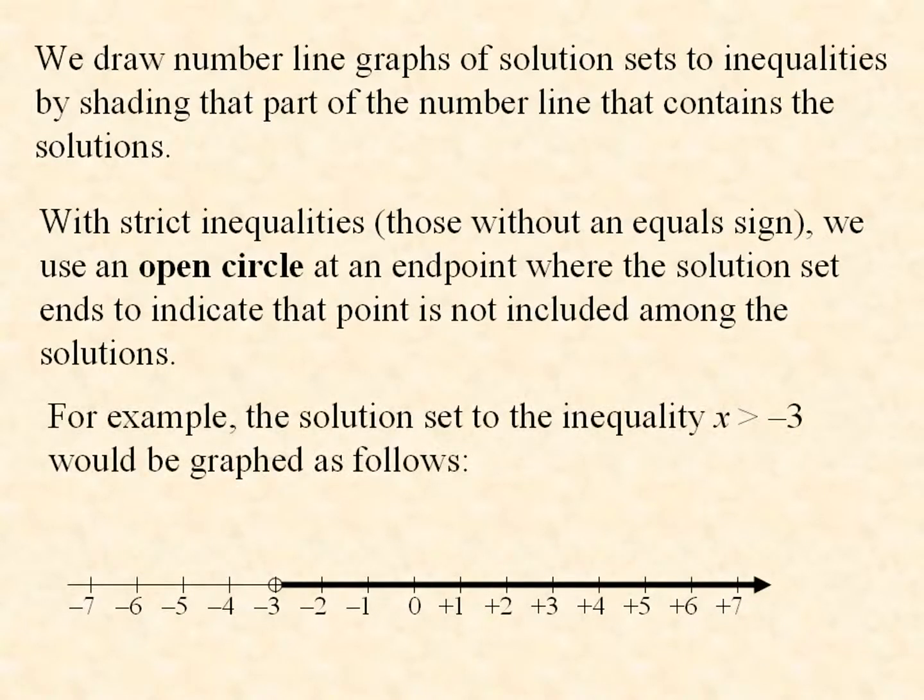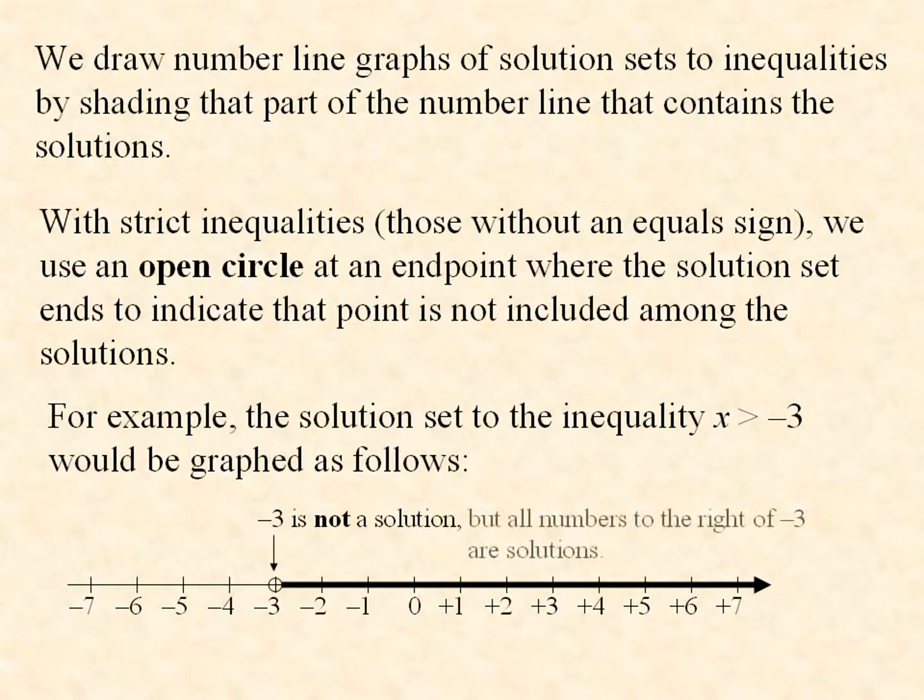For example, the solution set to the inequality x greater than -3 would be graphed as shown here. The open circle around the -3 means that's not one of the numbers in the solution. And the shaded part on the right indicates that all numbers to the right of -3 are solutions.